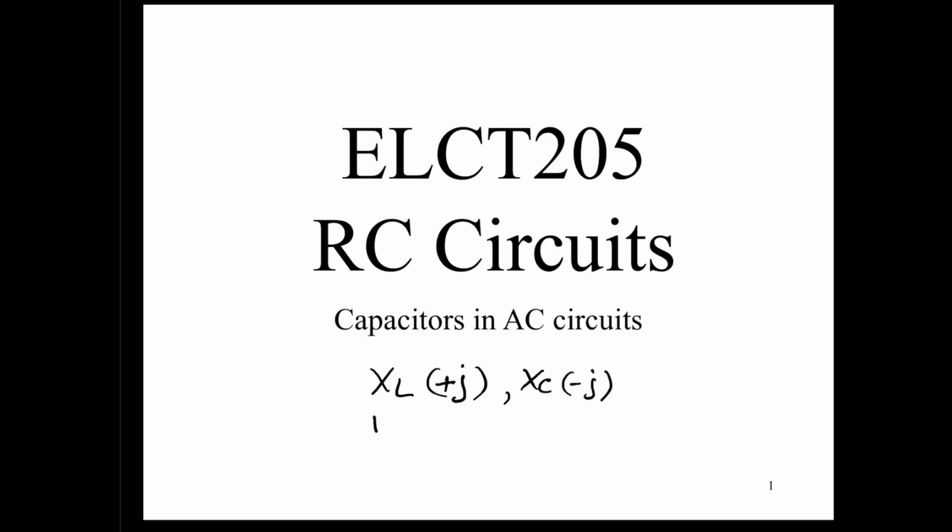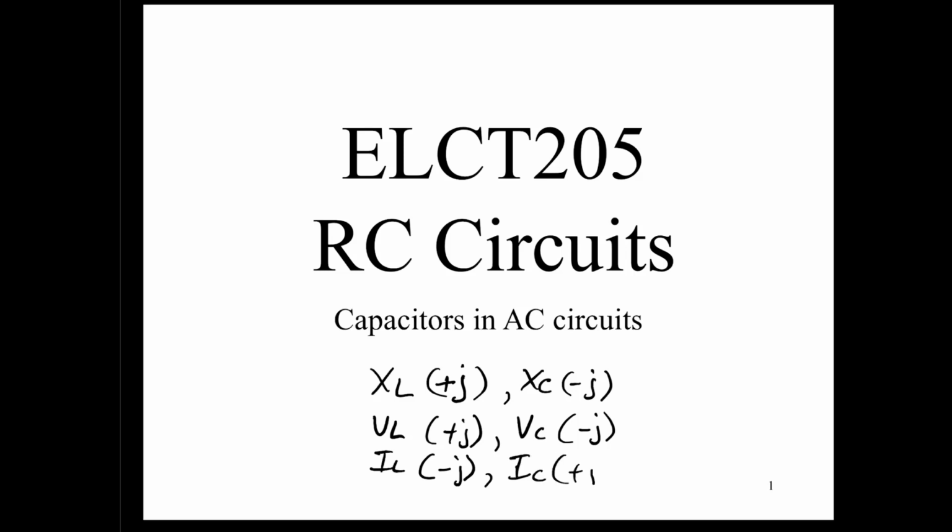So if VL was plus J, that means VC would have to be minus J. What about current? If IL is minus J for current, that means IC would have to be plus J for current.